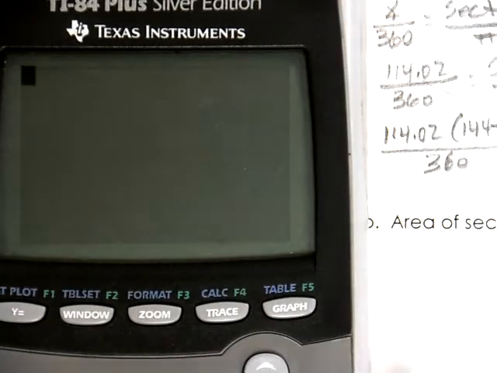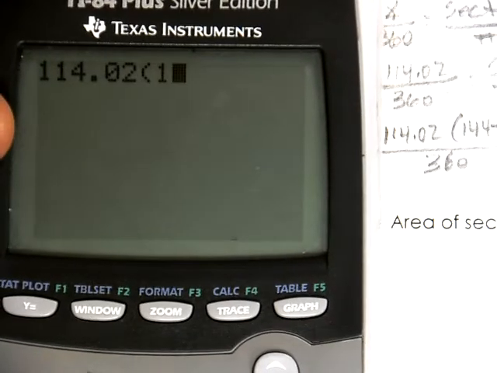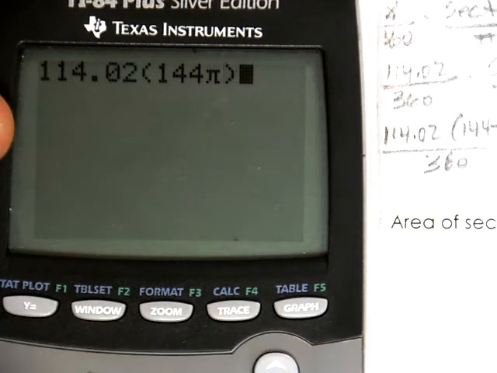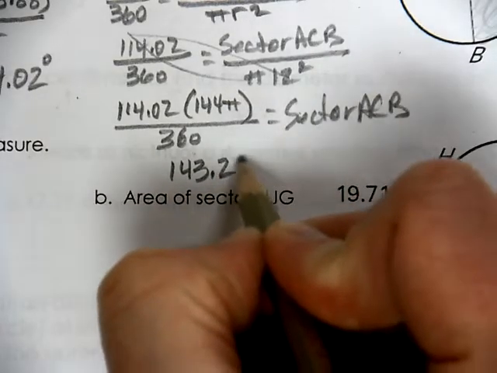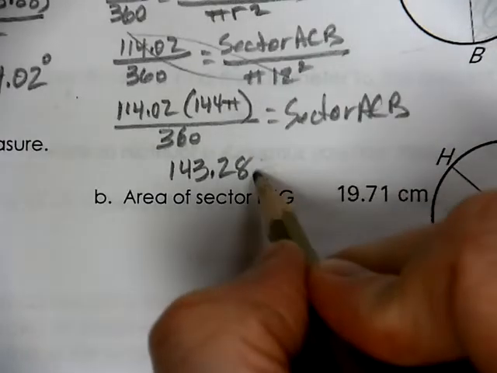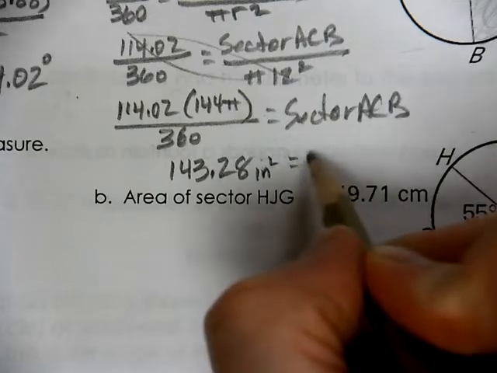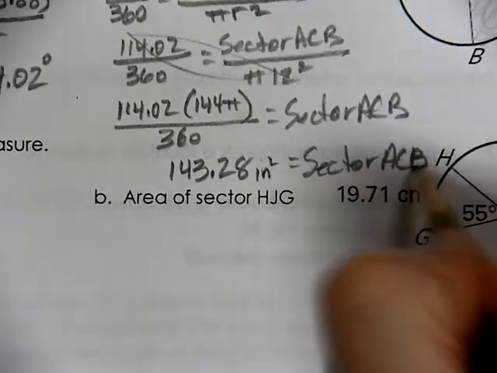So we'll take our calculations of 114.02 times 144 pi, and we're dividing that by 360 at 143.28. And those are inches squared. That is the area of the sector ACB.